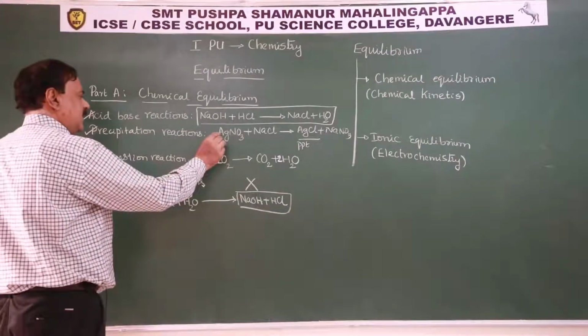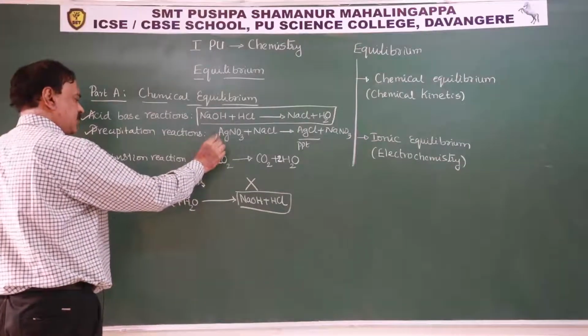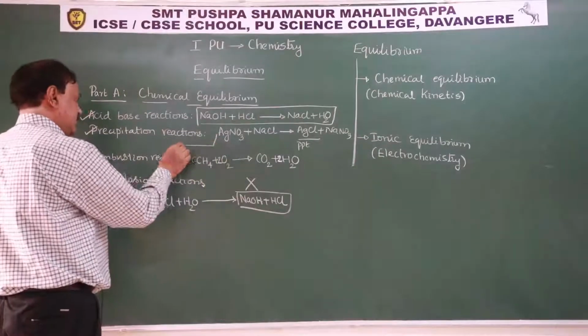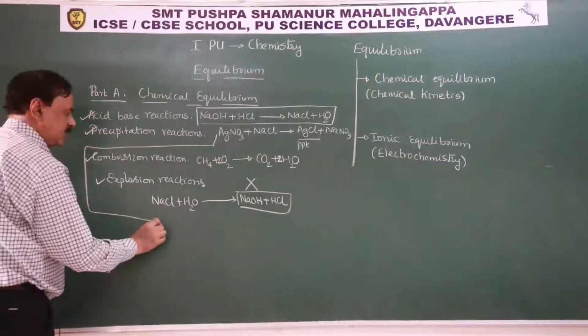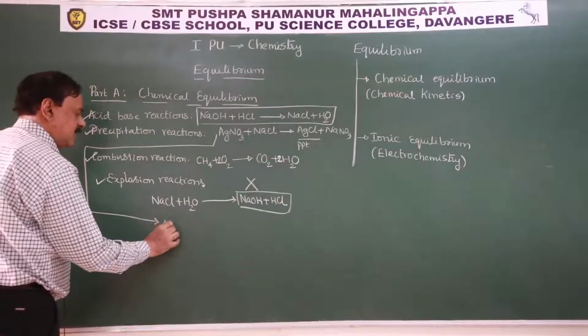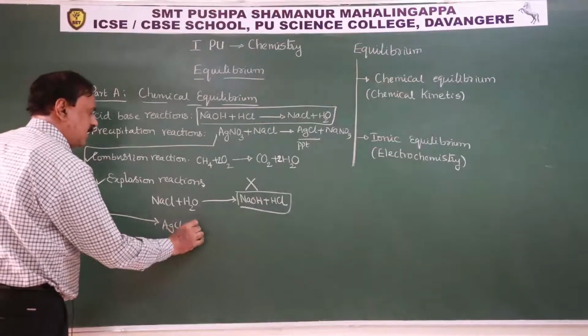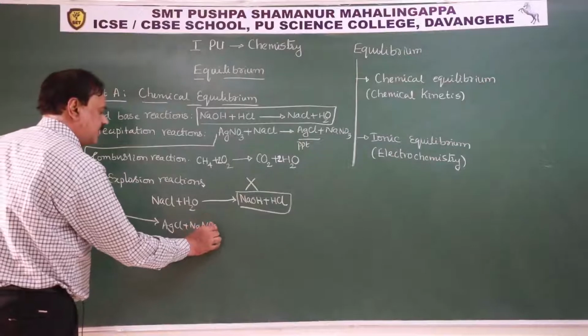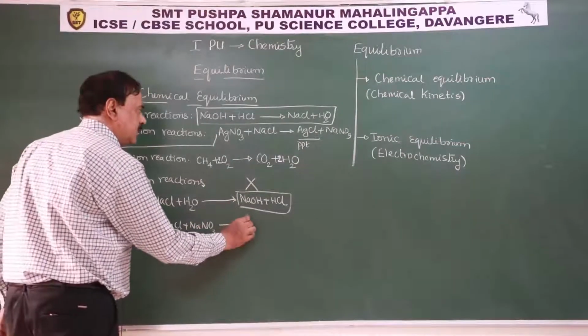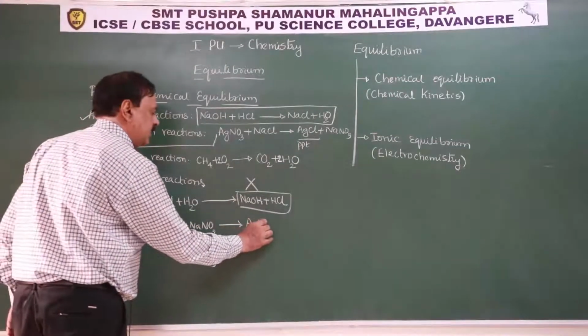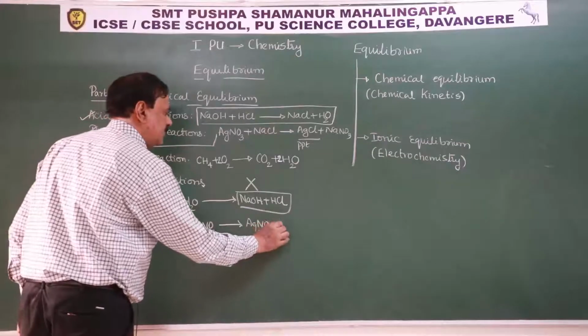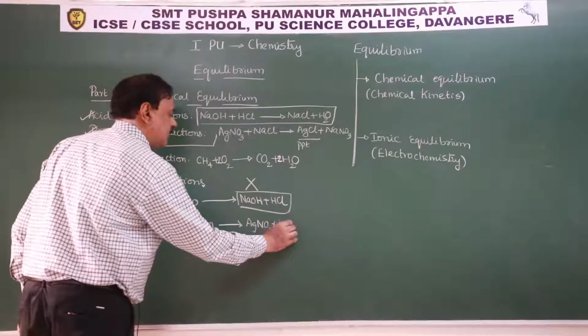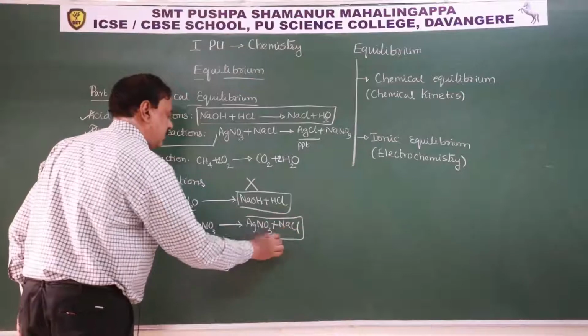Similarly, in a precipitation reaction, AgCl plus NaNO3 does not give rise to AgNO3 plus NaCl. These products are not formed.